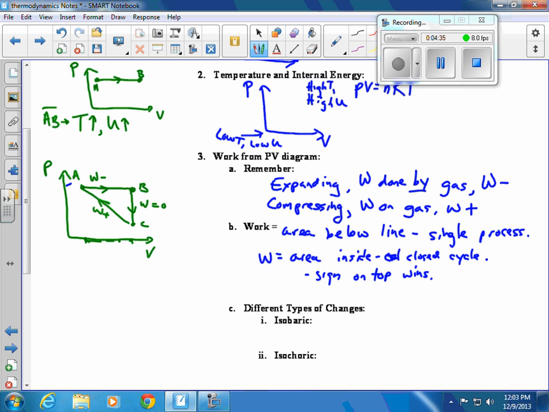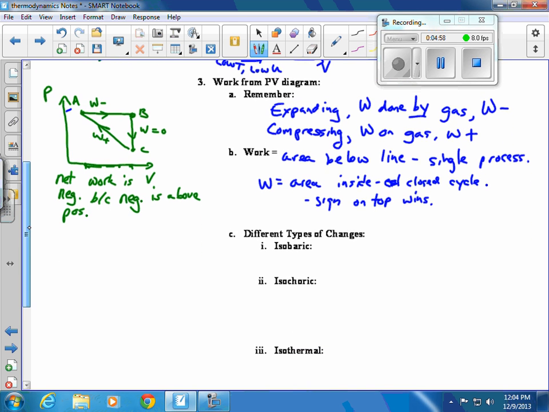I can note that over here. Net work is negative because negative is above positive.